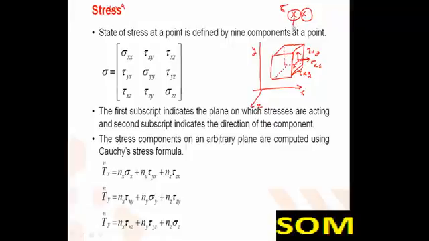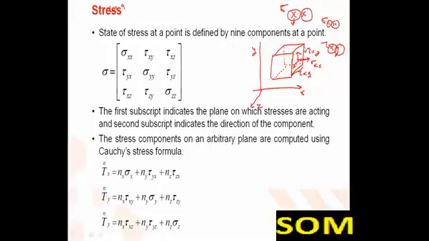X means normal to the plane. It means the stress is acting in the YZ plane and in the X direction. Similarly, in tau XY, X defines the plane and Y defines the direction in which the stress component is acting.